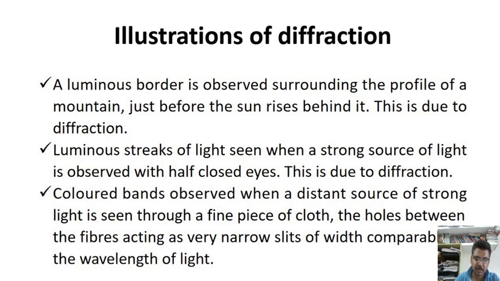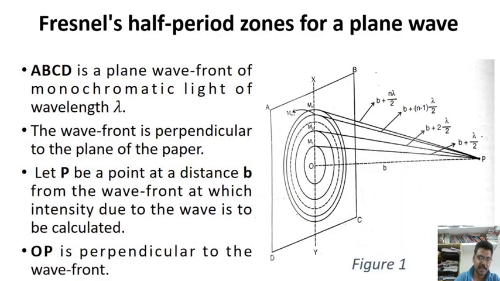That is also one of the illustrations of diffraction. Also, alternate bright and dark fringes or bright bands are seen when we look at a straight light between two fingers pinched together suitably. That is also a diffraction illustration.